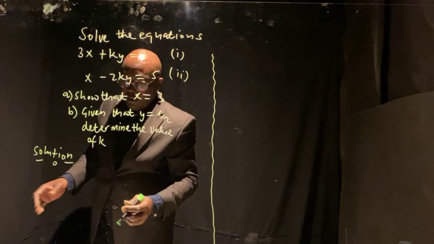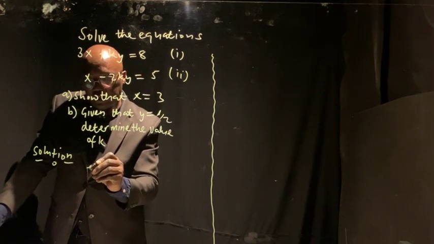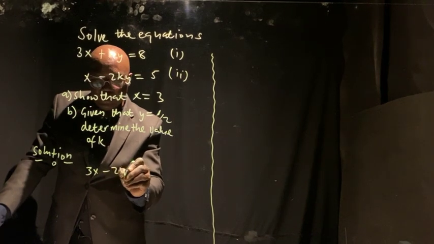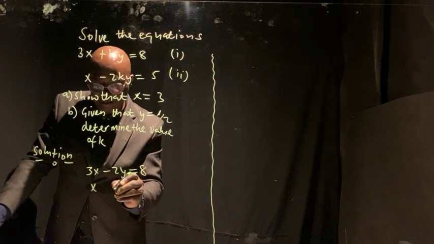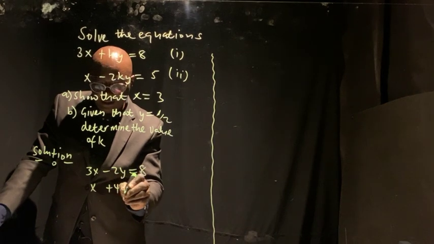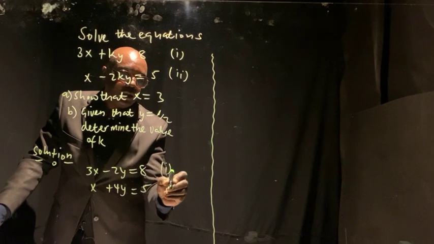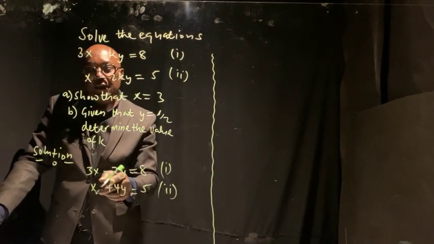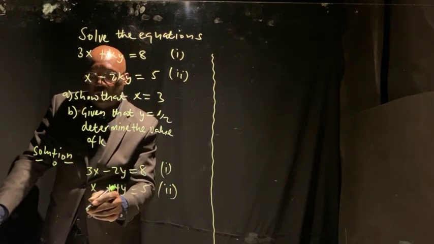Now, we know that the simultaneous equation is 3x minus 2y equal 8, and then x plus 4y equal 5. This is equation 1, and this is equation 2. There are two lines. This is a line, and this is a line.